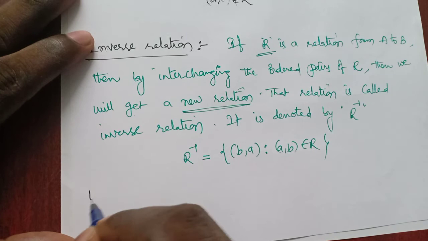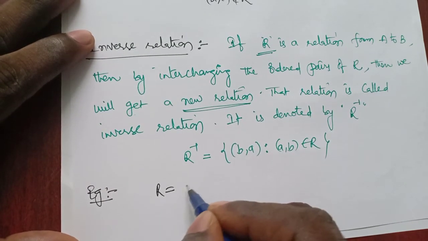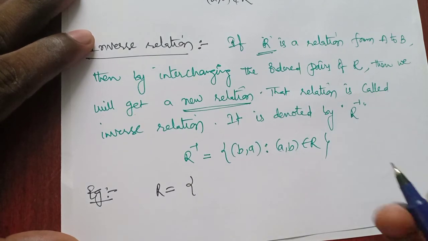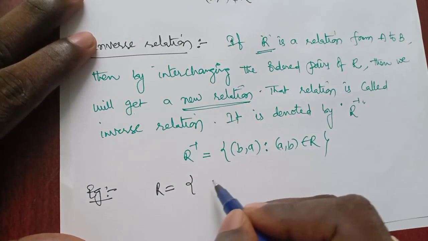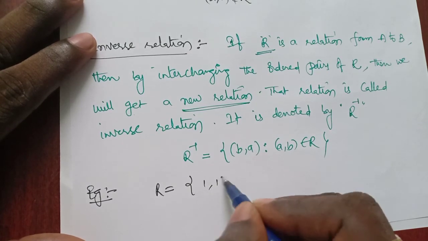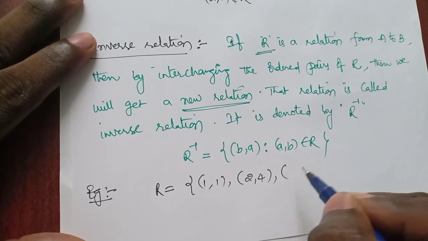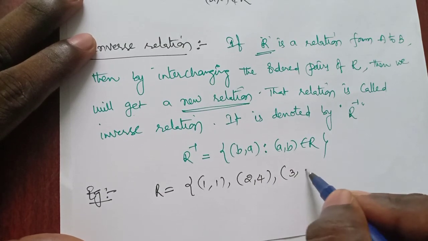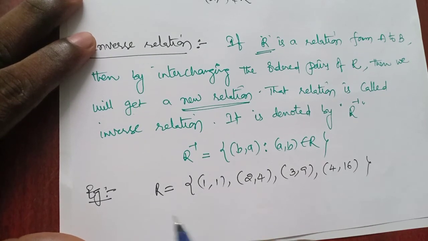Now coming to the example. Suppose R equals 1 comma 1, 2 comma 4, 3 comma 9, 4 comma 16.